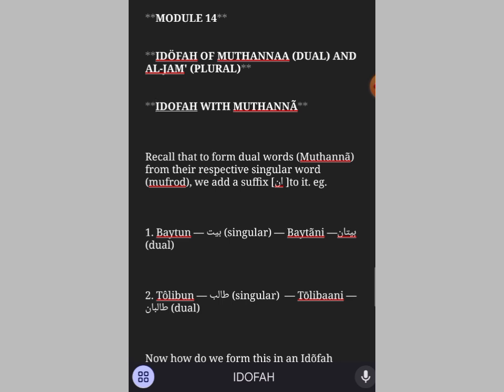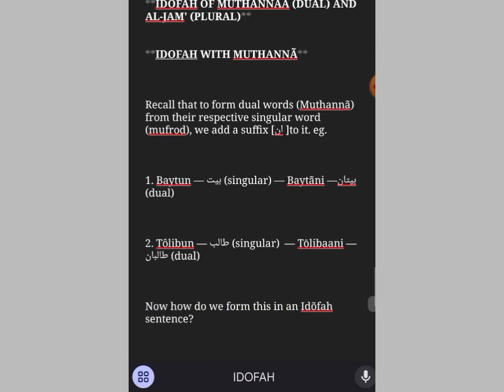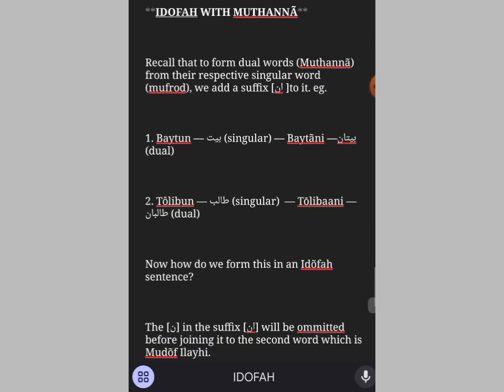So we say Baytun, singular house, becomes Baytani, with the addition of Alif and Nun. Talibun becomes Talibani. Kitabun becomes Kitabani. Masjidun, Masjidani. Is that right? So that is what we have right there.